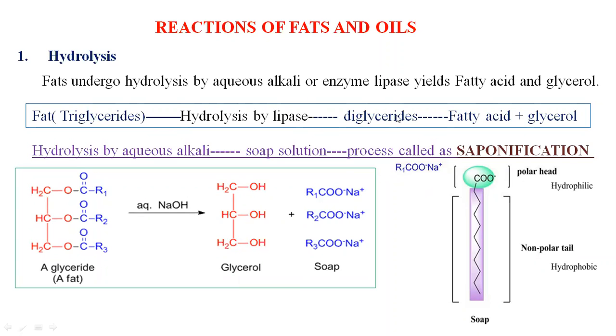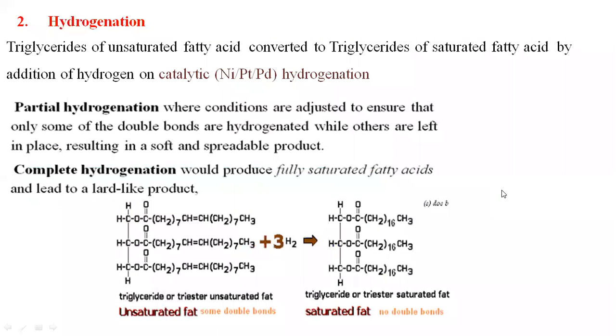In the soap we have a non-polar tail and a polar head. The polar head is the hydrophilic part, due to the COO minus group, and the non-polar tail is the hydrophobic part. In this way hydrolysis and saponification of fats occur in the presence of aqueous alkali.